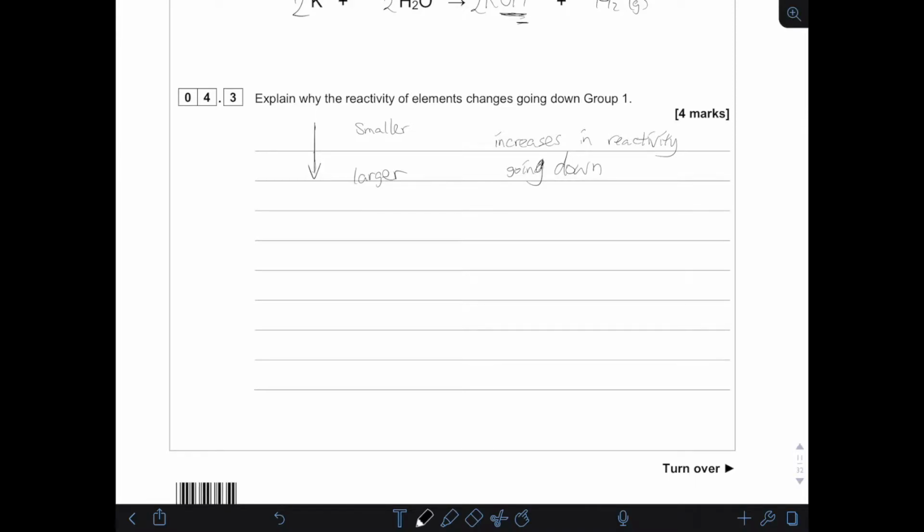Excuse my writing. So you need to explain that you have the radius change going down, and you need to talk about electrostatic forces are stronger when radius is small, right?